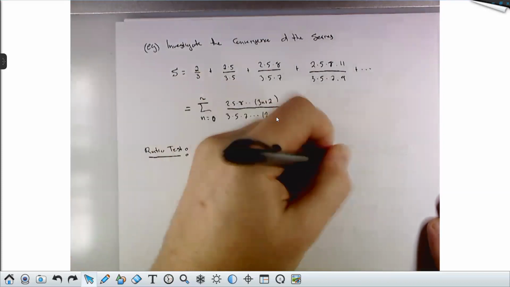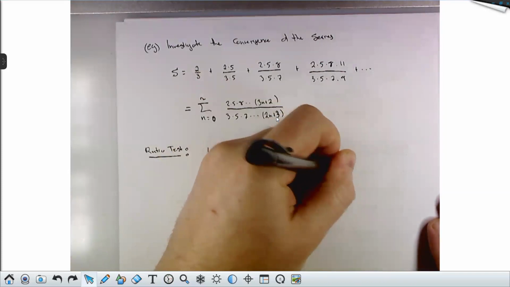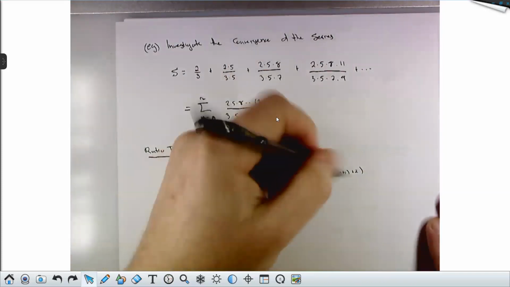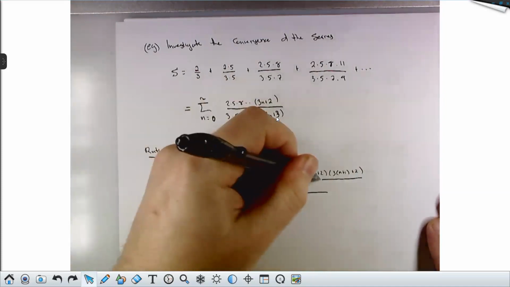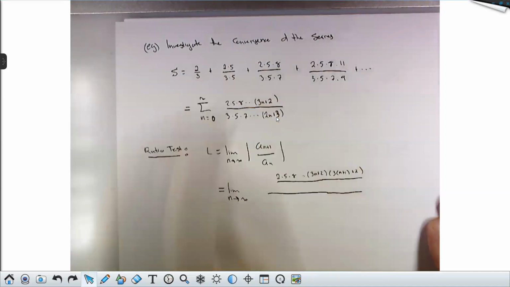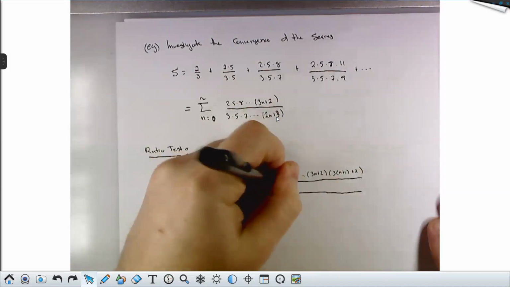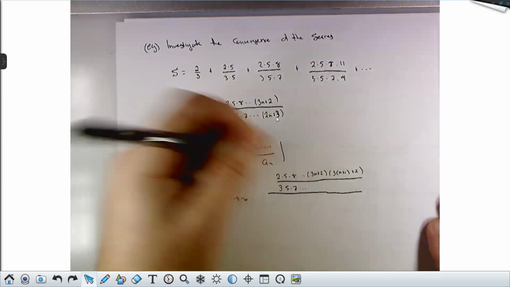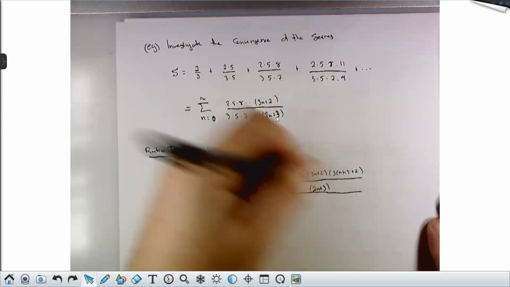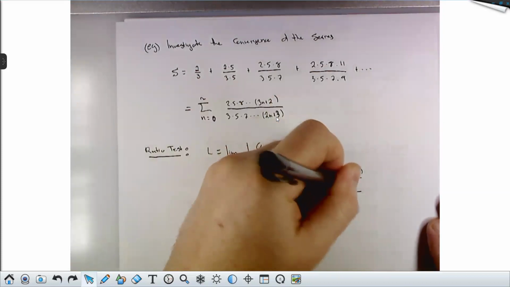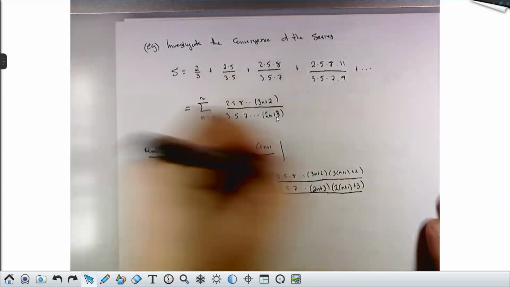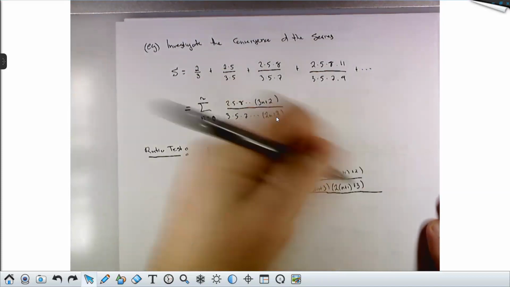And then the n plus first term in this product would be 3 times n plus 1 plus 2, divided by, so this is the numerator of a sub n plus 1, divided by 3 times 5 times 7 out to the second to last term here. That would be 2n plus 3, and then we'd have 2 times n plus 1 plus 3. So this is a sub n plus 1.